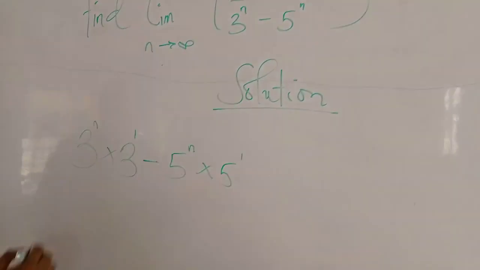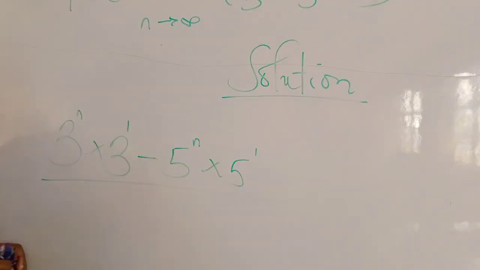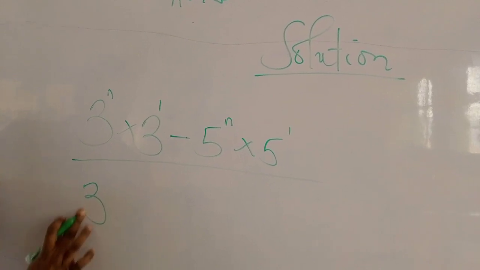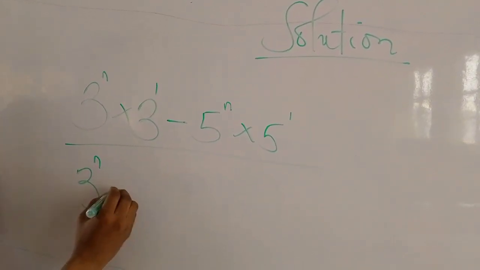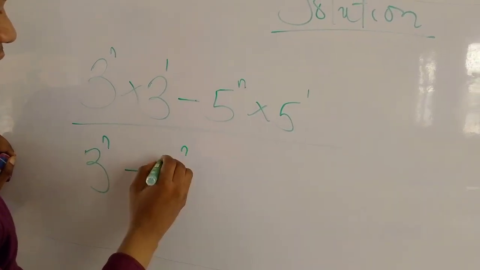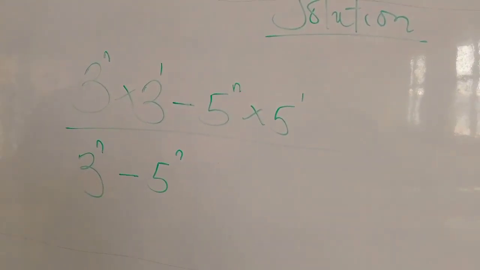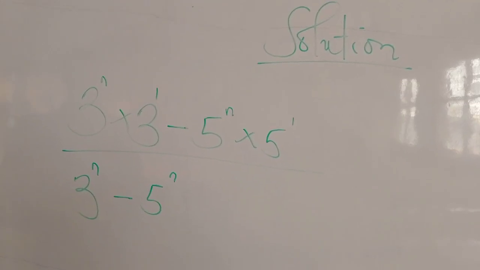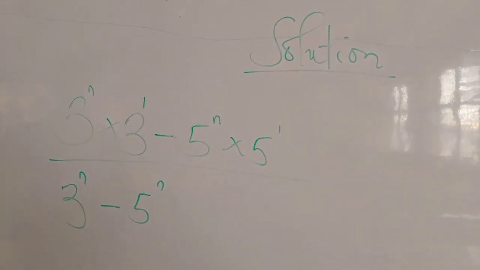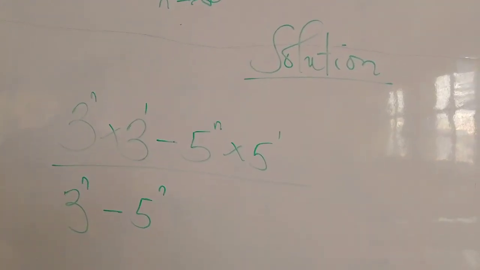That is what this will give you, all over 3 raised to the power n minus 5 raised to the power n. Once you have succeeded in carrying out this, we are good to go.